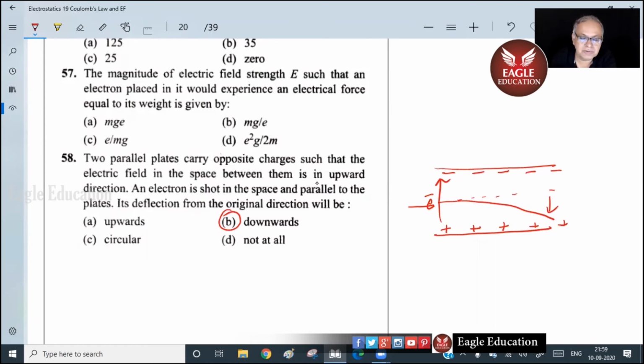57. The magnitude of electric field strength E such that an electron placed in it would experience an electric force equal to its weight is given by. Look, we have an electron, it has mg. Sir, can we use E equals F by Q?